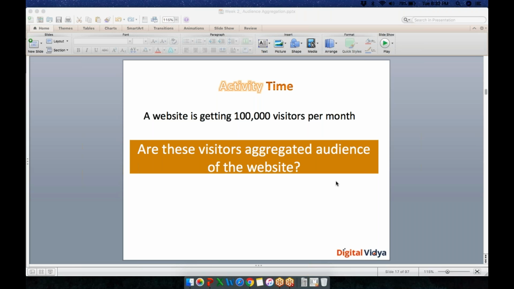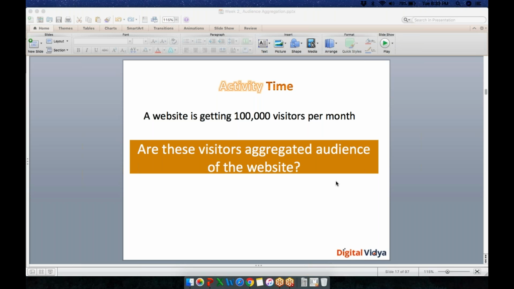Is everybody with me on this? No, no, Amit. So the question is, for all those who are subscribers, they are subscribers. Here the question is very straight, right? A website has 100,000 visitors per month. Are these visitors aggregated audience of the website?